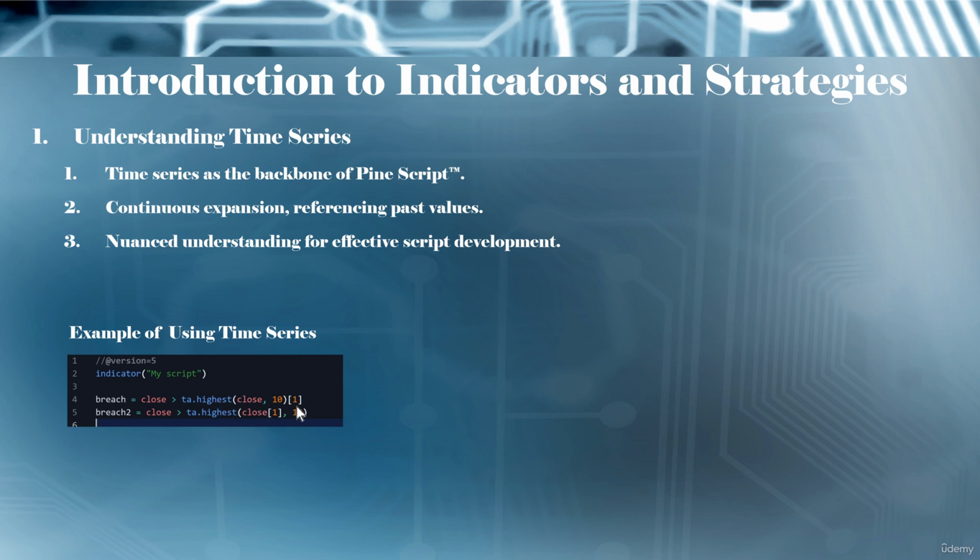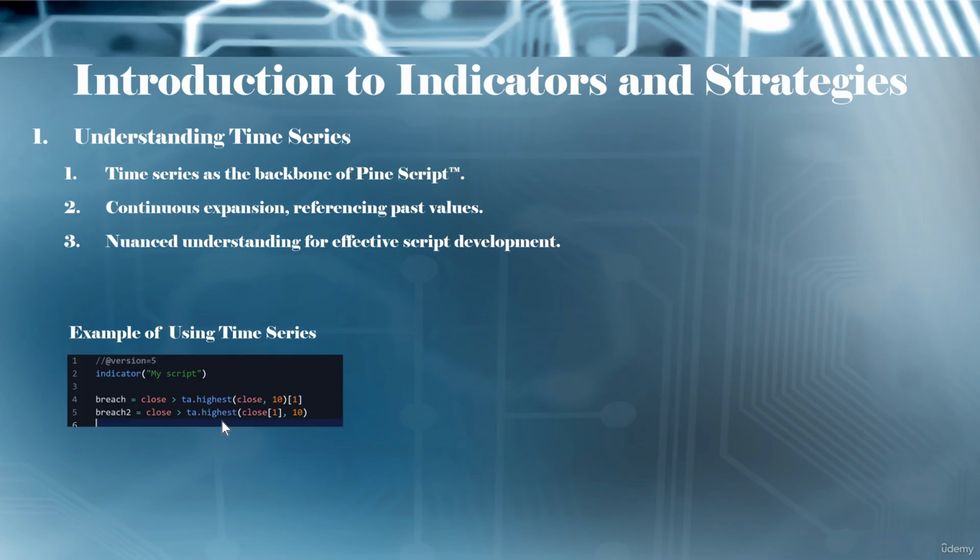So it means that we applied the history reference to this time series of the highest, right? And we access the previous bar of this highest time series. That's what we want to do.